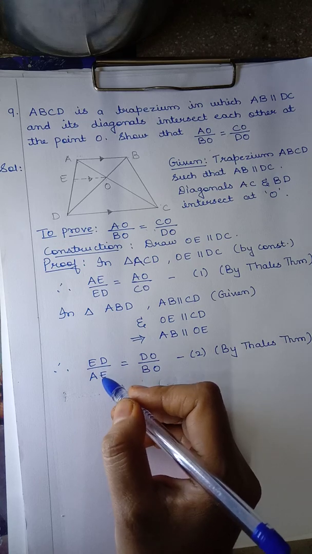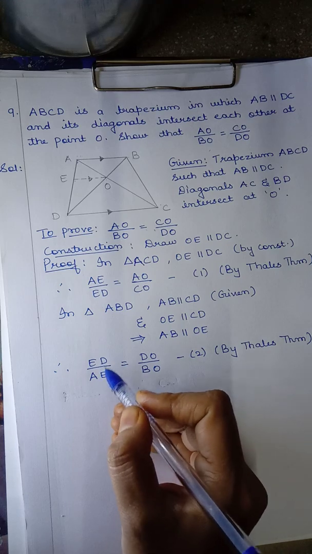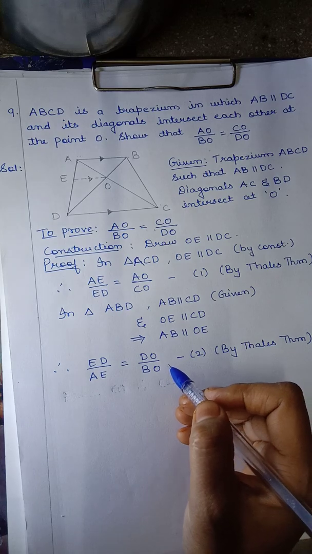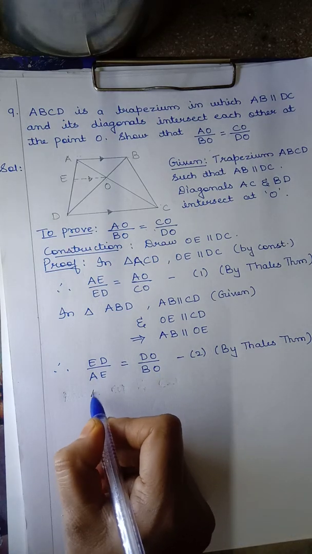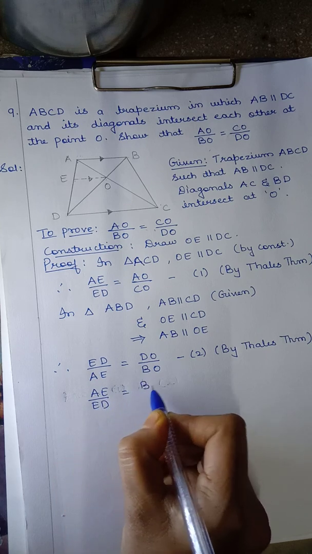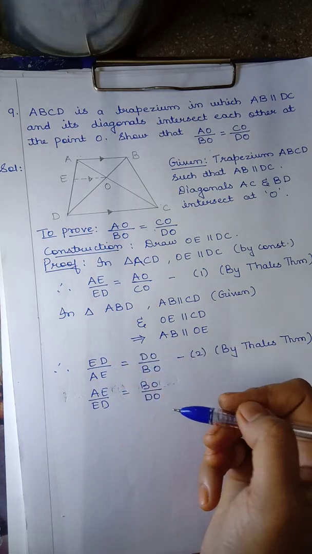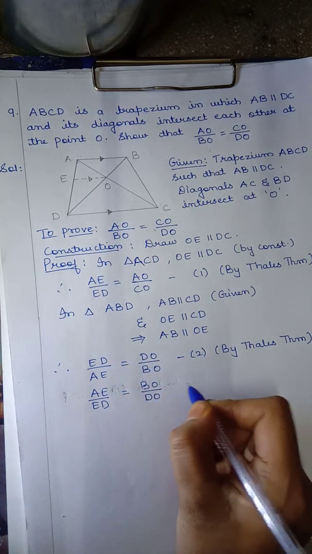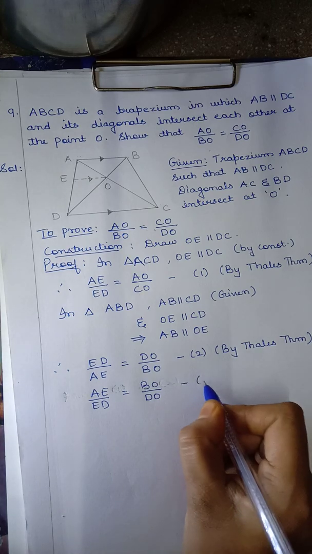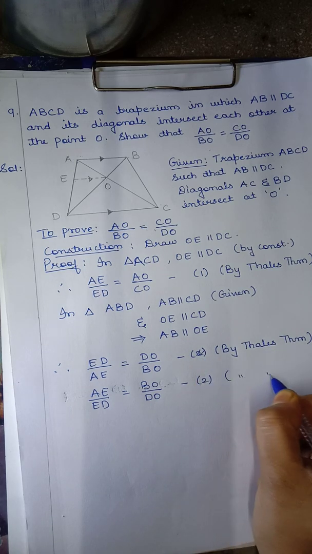When you change the terms on the LHS, you have to also change them on the RHS. When you interchange numerator and denominator here, you have to interchange numerator and denominator in the RHS too. So I will write this as AE upon ED is equal to BO upon DO. Both sides I have interchanged the numerator and denominator. Now let's keep this as equation 2.